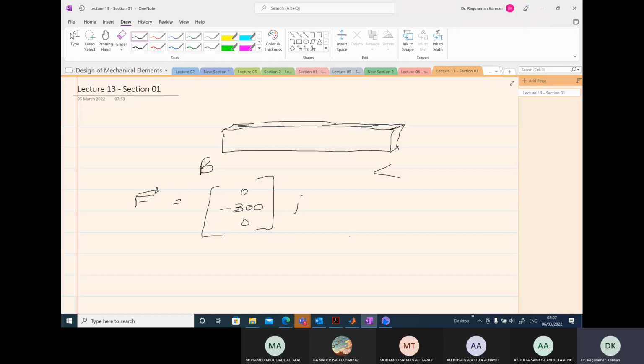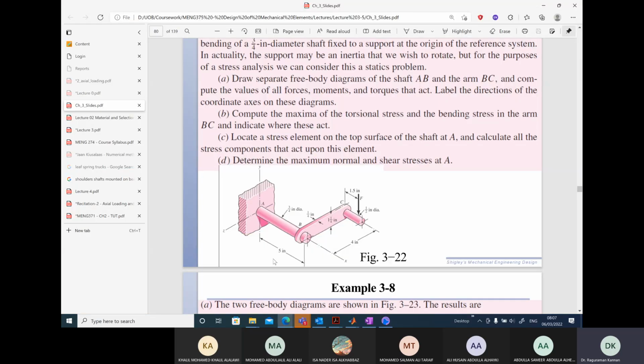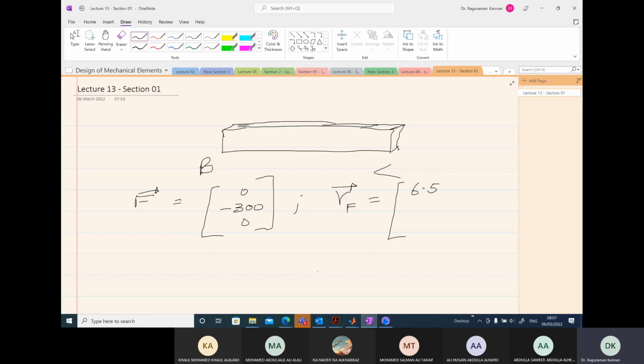So R for the force F, 6.5 inches. 5 plus 1.5 is 6.5. Let's see the y component. The y component, we can imagine it as 0 here. And the z component is negative. So the y component is necessarily 0 because it is in the xz plane.